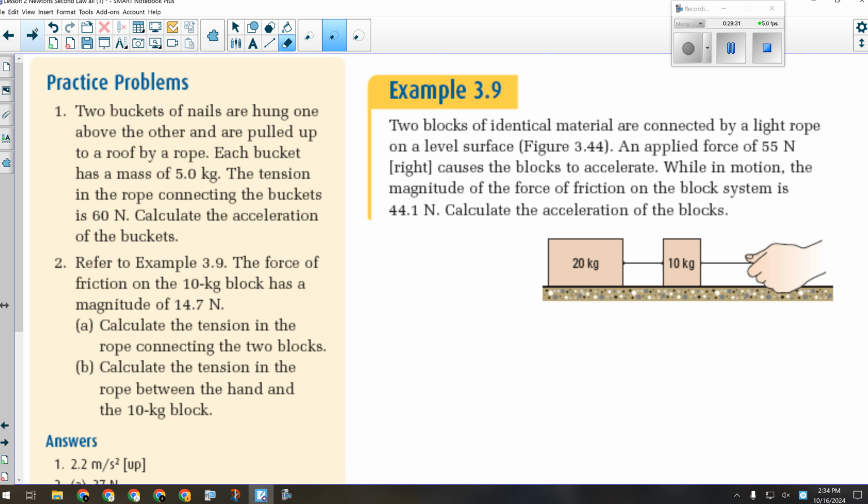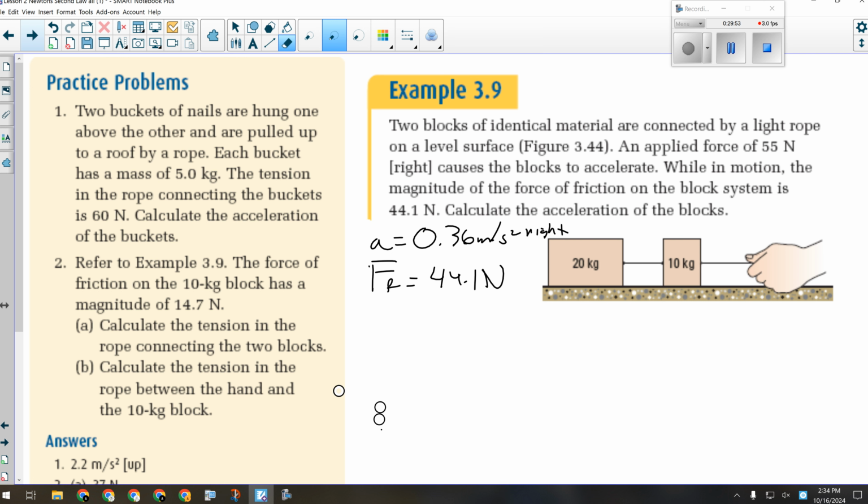Now they're giving you an additional piece of information. All the stuff we just did is still true. The acceleration here is still 0.36 meters per second squared to the right. The total friction is still 44.1 newtons.